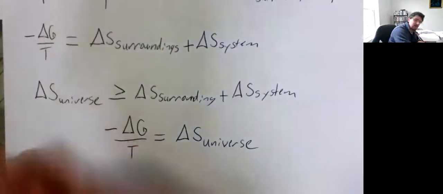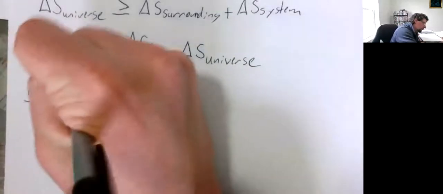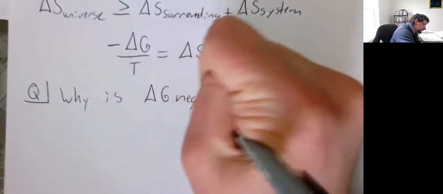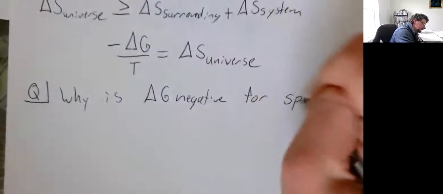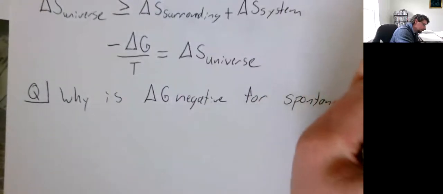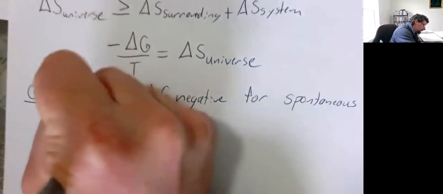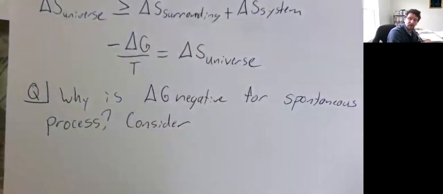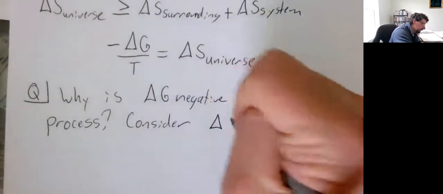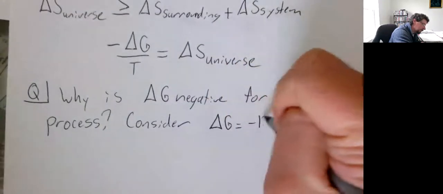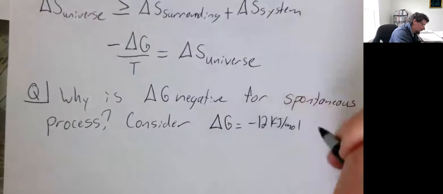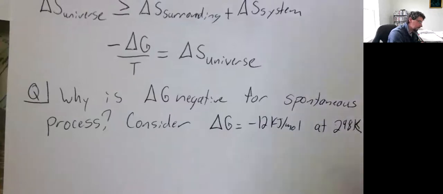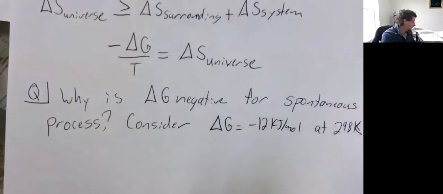So the question we're going to ask is, why is delta G negative for a spontaneous process? And what we're going to do is consider a reaction where delta G is equal to negative 12 kilojoules per mole at 298 K. So we've got a constant temperature, and we'll assume we have a constant pressure.